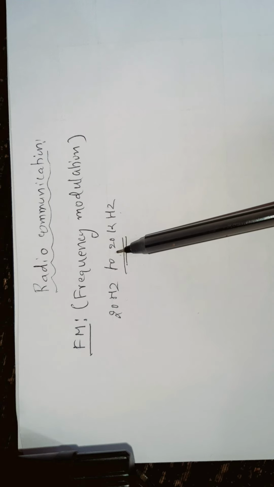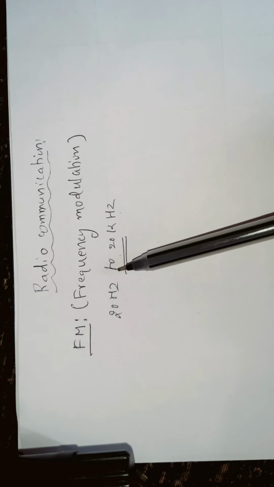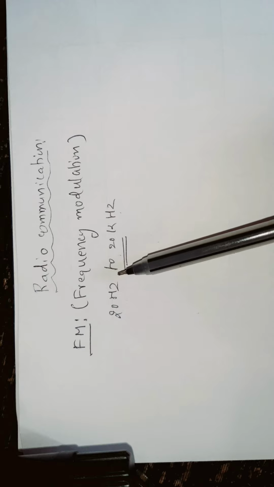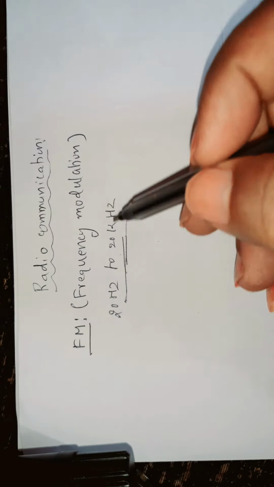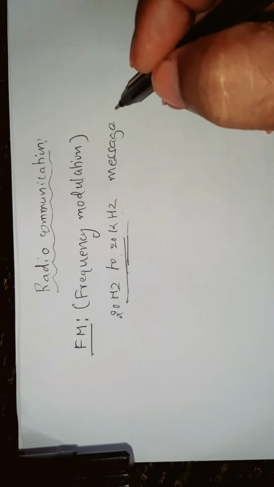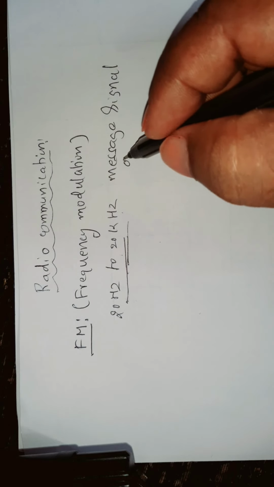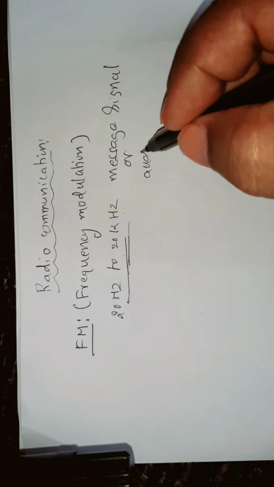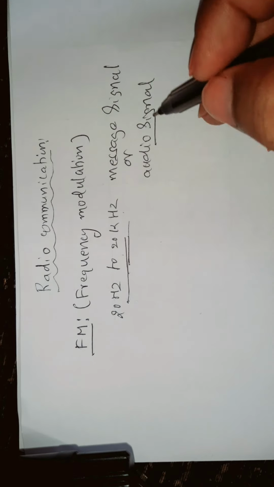It can be listened to or heard by the human ear and is called audio frequency, and therefore this message signal is also called audio signal. Both are the same.